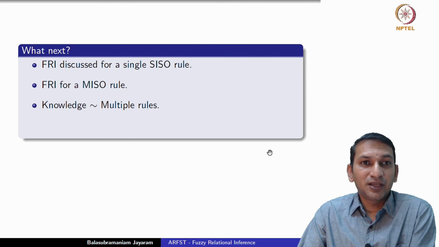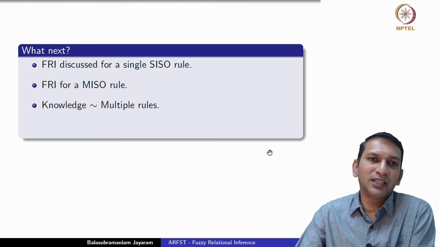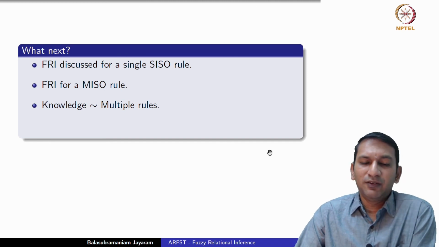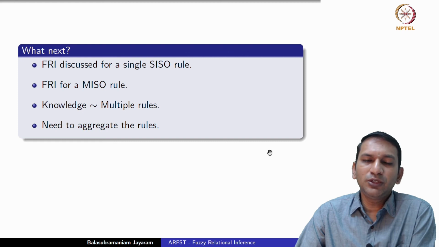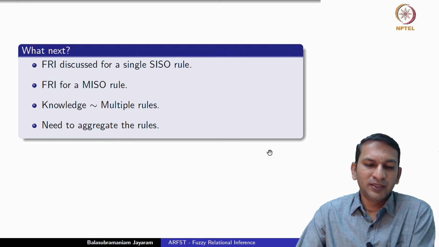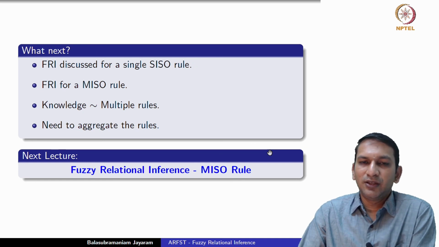In this case, again, we need to look at how to infer given an input, making use of all the knowledge that is available to us in the form of a set of rules, or this rule base. It could be a SISO rule base or a MISO rule base, which means essentially we also need to discuss aggregating these rules. These are some things that we will see going forward. In the next lecture, of course, we will limit ourselves to looking at fuzzy relational inference using a single MISO rule.